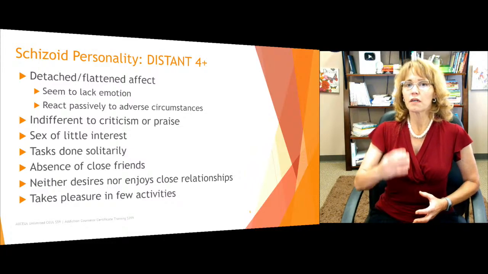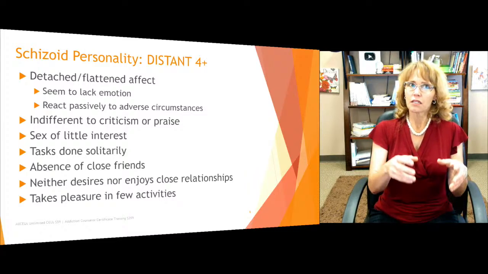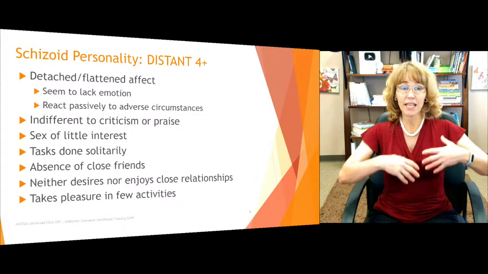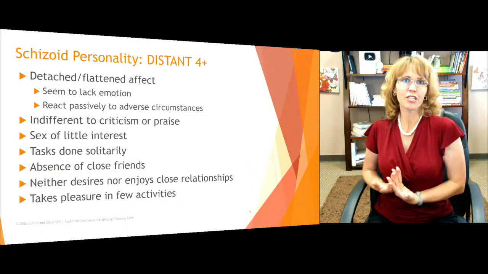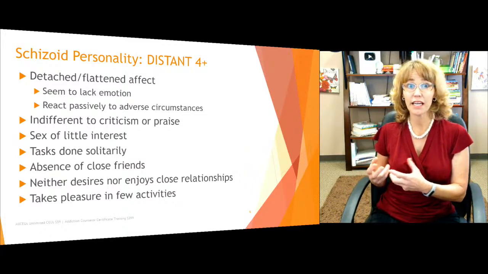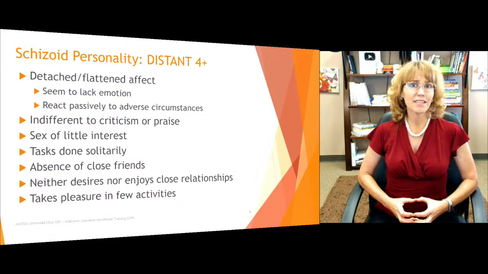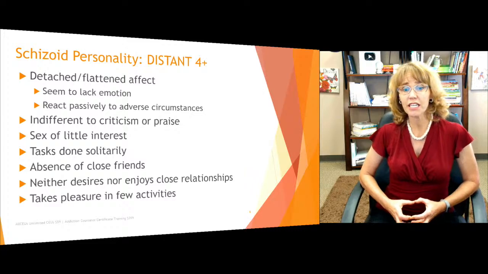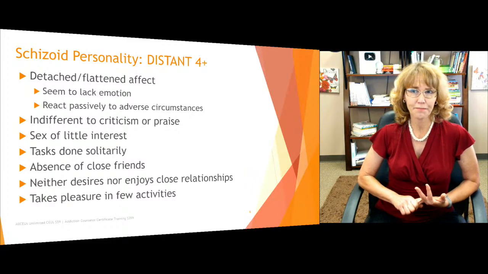When you're detached, when you've got flattened affect, not only does it mean that you may not trigger that stress response as robustly, but you're also not triggering the excitation response as robustly. So it would make sense that there may be alterations in the endogenous opioids and dopamine.